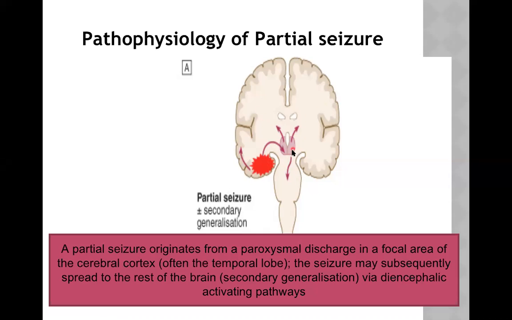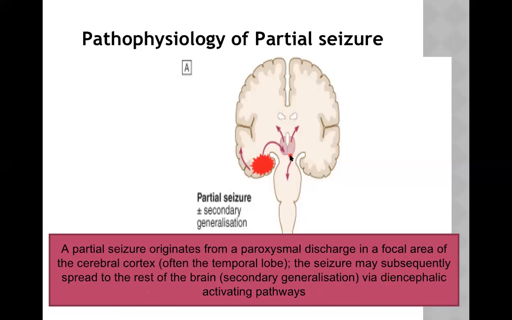So a partial seizure originates from a paroxysmal discharge in a focal area of the cerebral cortex. This is the focal area. This is the temporal lobe of the brain. The seizure may subsequently spread to the rest of the brain, secondary generalization via the diencephalic activating pathway. This is diencephalon. Thalamus is a part of diencephalon.